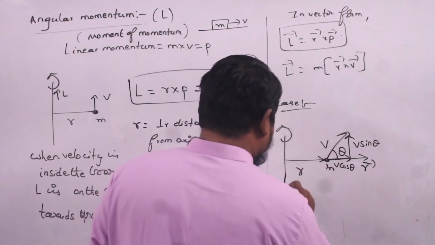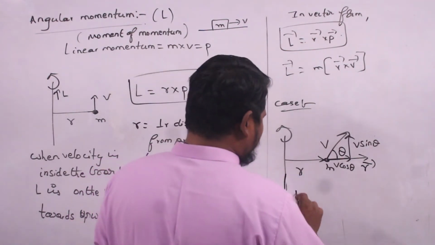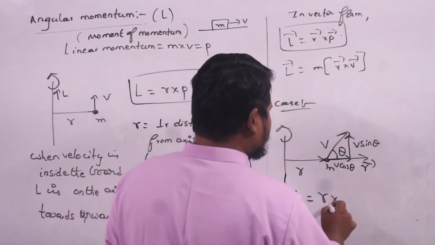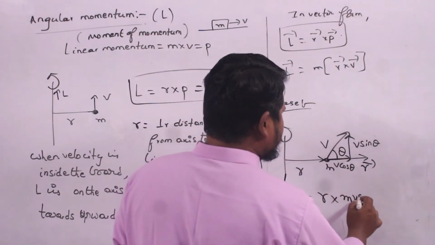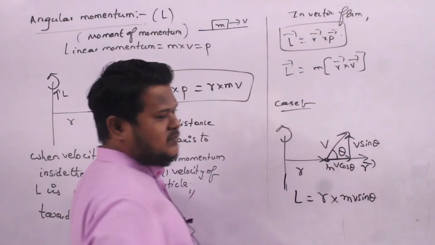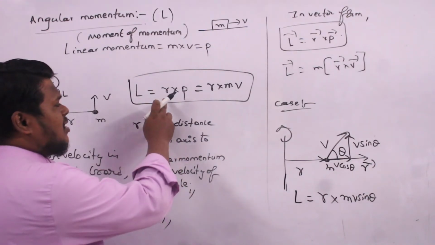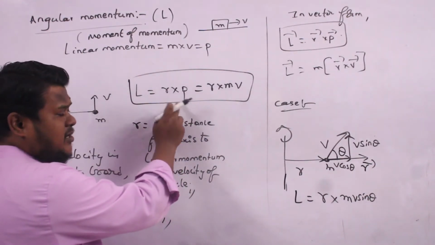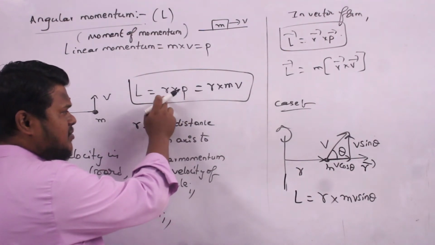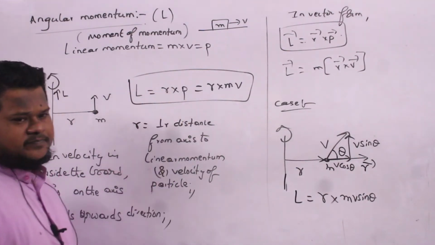So how can I calculate angular momentum? r into mv sin theta. Are you able to understand? Directly I can write r into p, in which condition? When radius and momentum are perpendicular.